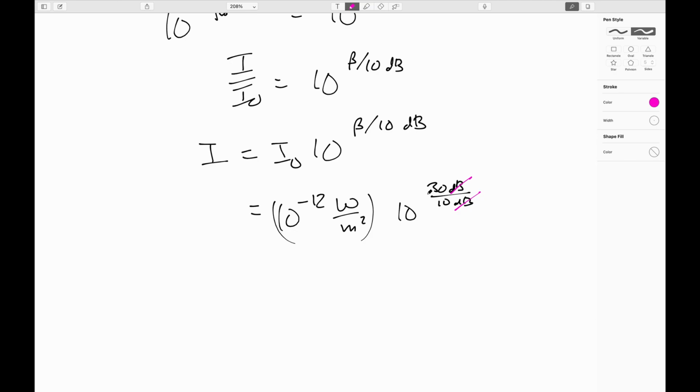And remember when you multiply exponents, you add exponents. This is 10 to the 3 plus negative 12 gives me 10 to the negative 9 watts per square meter.